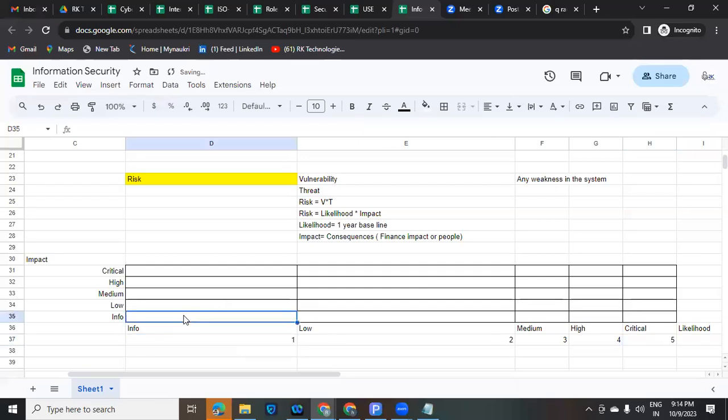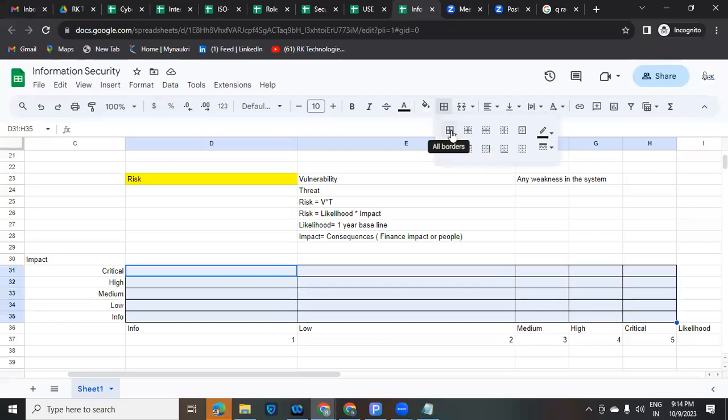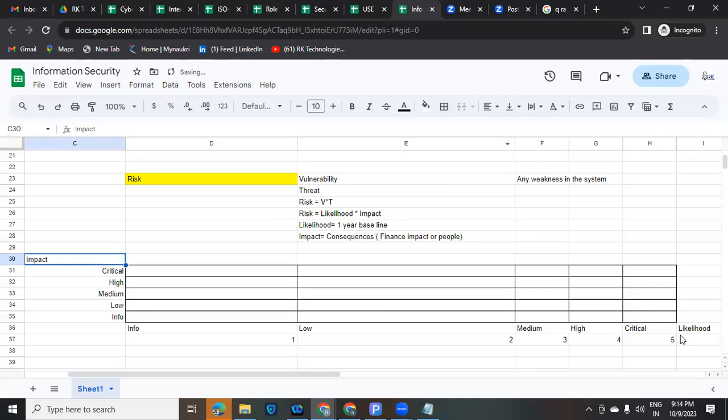Now you can tell me, risk equals to, what is the first box score? Info. Likelihood into impact, this one into this one. Critical is 5, high equals to 4, medium equals to 3, low equals to 2, info equals to 1.